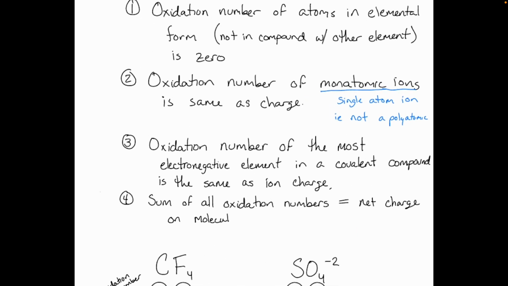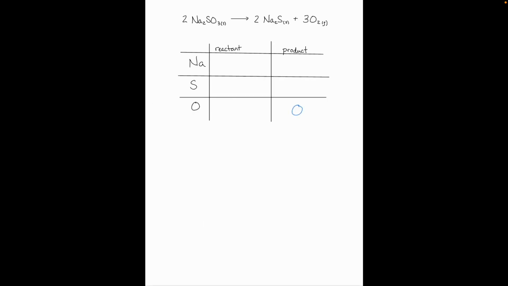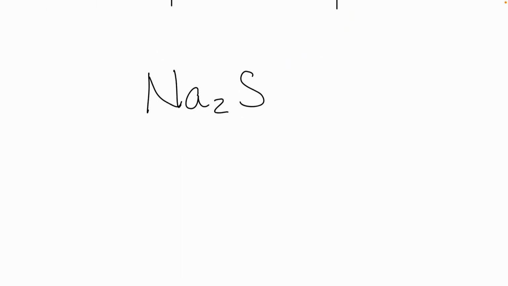Rule 2 says that if I have any monatomic ions, their oxidation number is going to be the same as their charge. All right, so let's take these two last compounds individually. Sodium sulfide. Is this an ionic compound? Yeah, maybe we should just review.